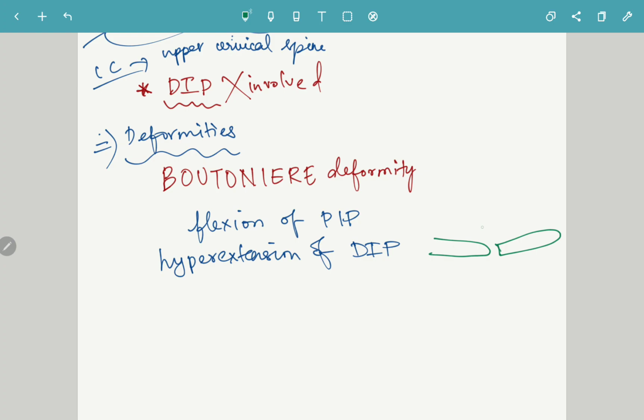Basically, in the middle of the finger, a depression is formed, and this is known as the boutonniere deformity. So flexion of the proximal interphalangeal joint and extension of the distal interphalangeal joint is the boutonniere deformity.